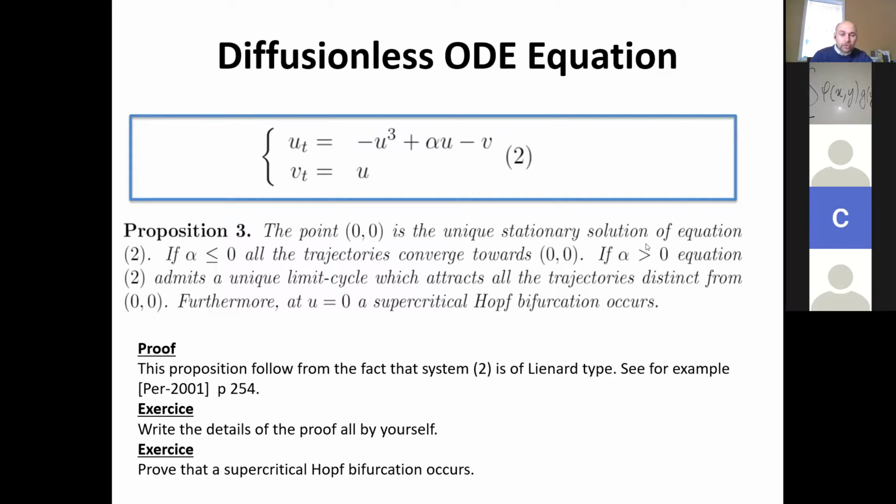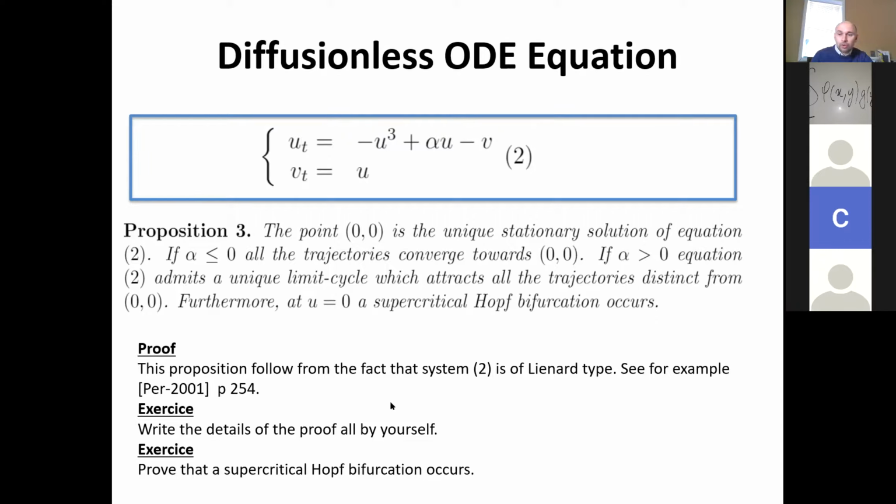All right, so your general proof actually follows from the fact that the system is of a linear type. I cannot give you all the details because it would take much more than 2 hours. There is this book of Perko on dynamical systems, ODEs, and you have the proof.